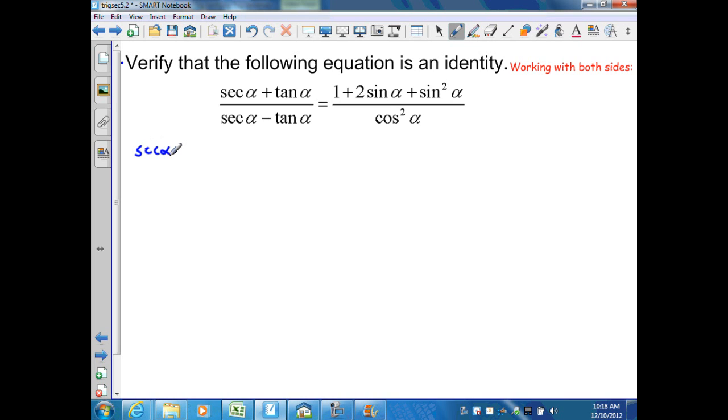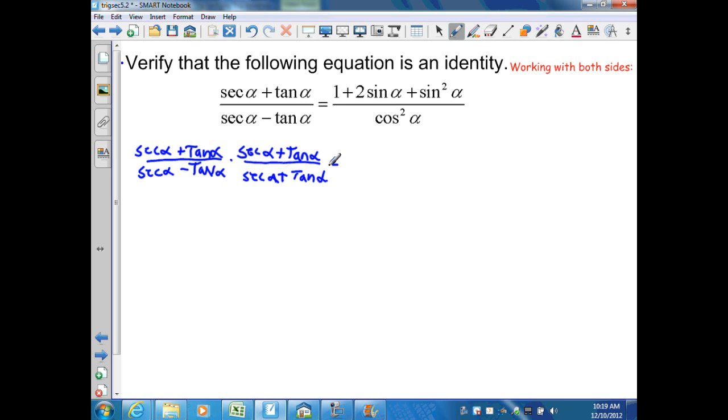Secant alpha plus tangent alpha over secant alpha minus tangent alpha times secant alpha plus tangent alpha over secant alpha plus tangent alpha.